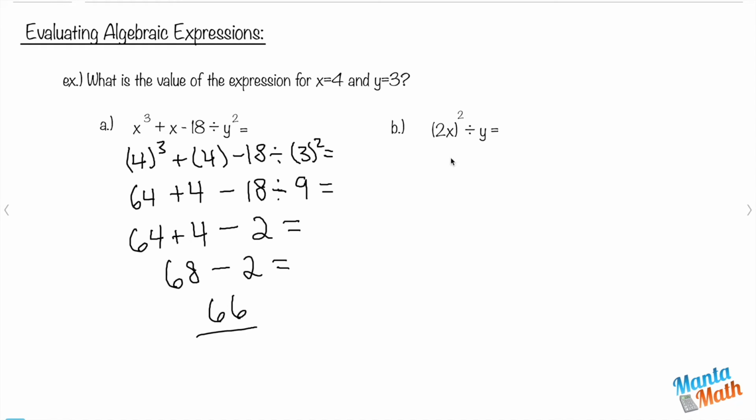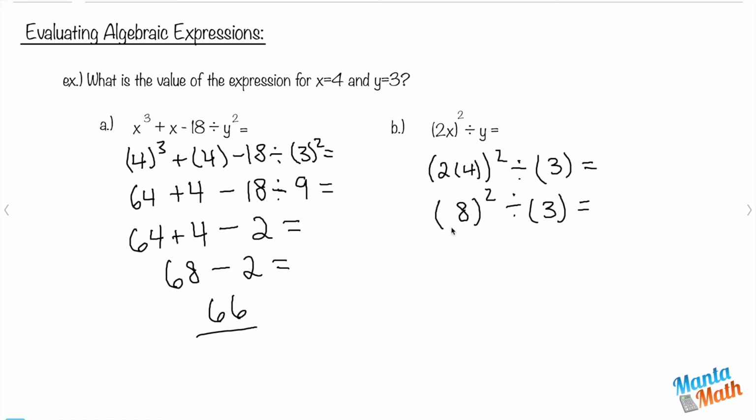And then in the next example, you want to plug in the x again, which is 4 in this case. Keep everything as it is, plug in your y for 3. Okay, so we have something happening within our parentheses first. What is 2 times 4? That is 8. Keep your exponent divided by your 3.